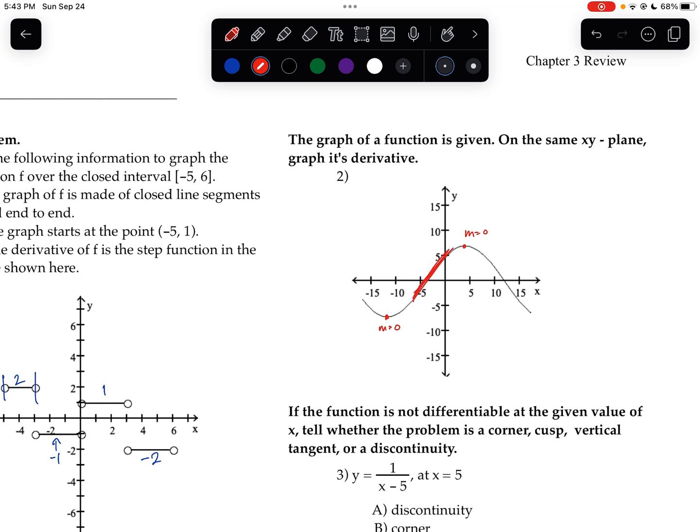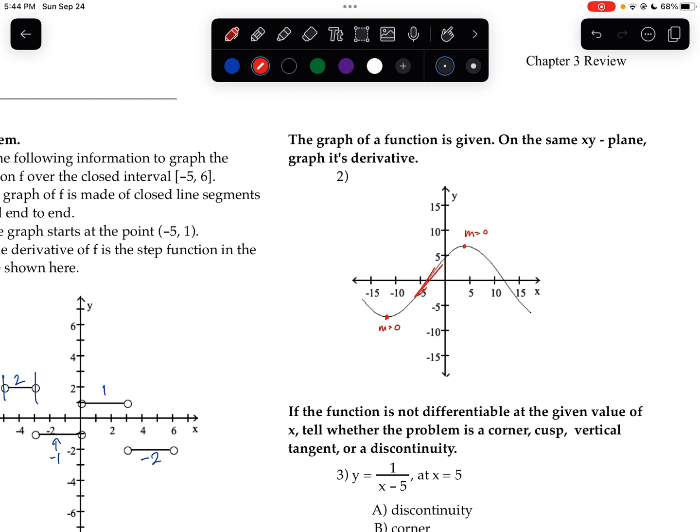The graph seems to be at quite an angle, since it is a 1-to-1 ratio graph. I would say that the graph here does appear to have a 45-degree angle, which would mean if this is about a 45-degree angle and this image that we have is 1-to-1 ratio, that would mean that the slope would be 1-to-1.